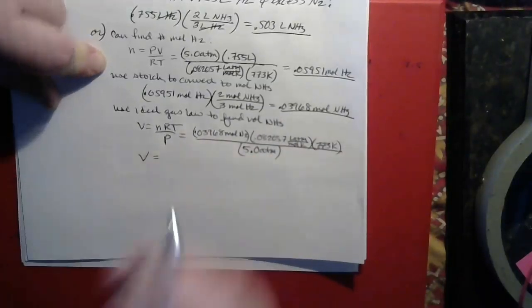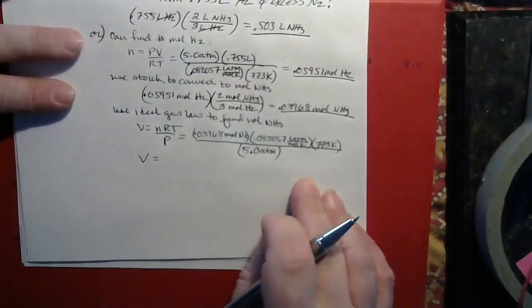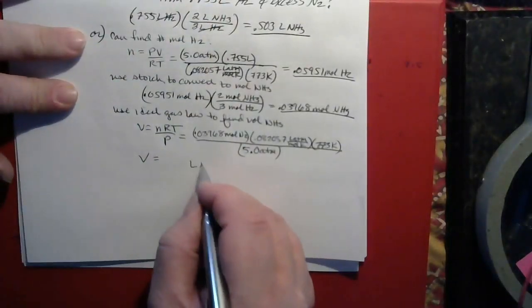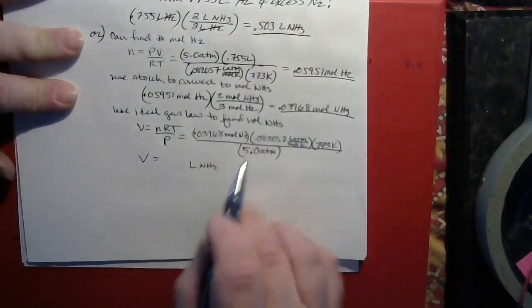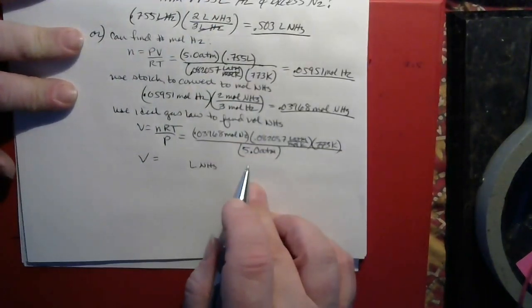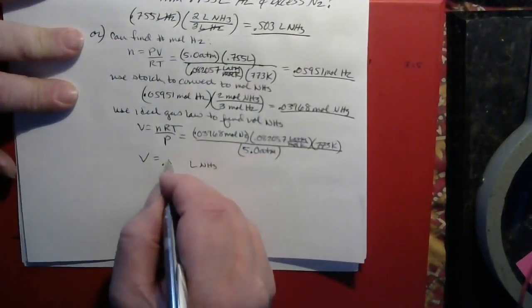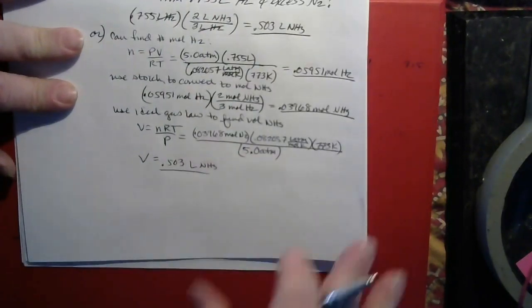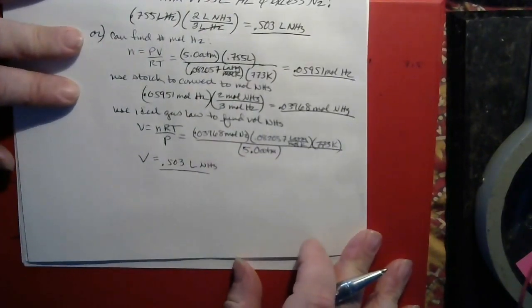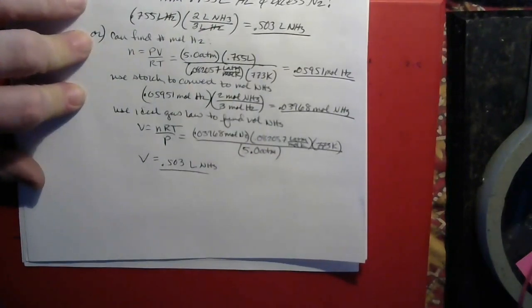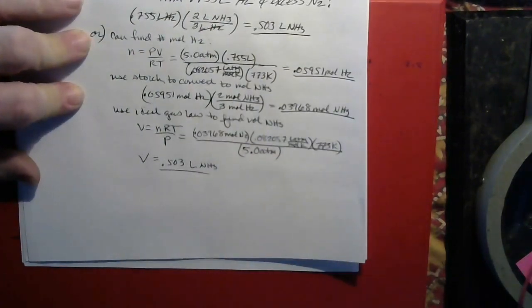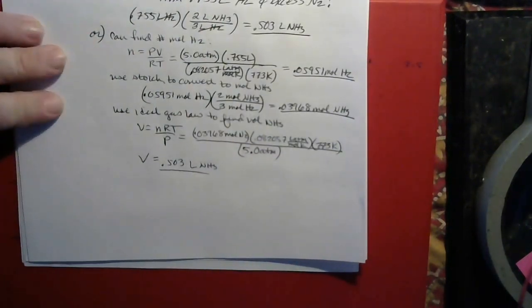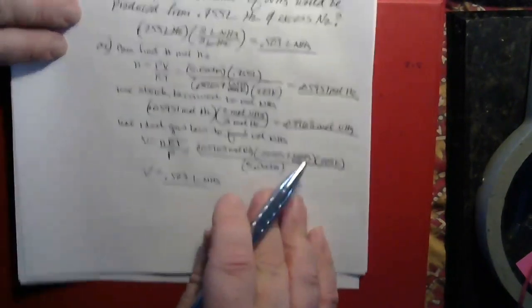And when you work all of that out, you come up with units of liters of NH3, and the number ends up being, drum roll, 0.503, which is, where did I do it? Oh, right there.